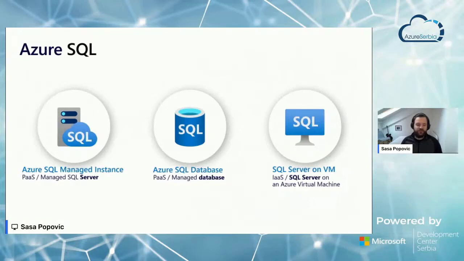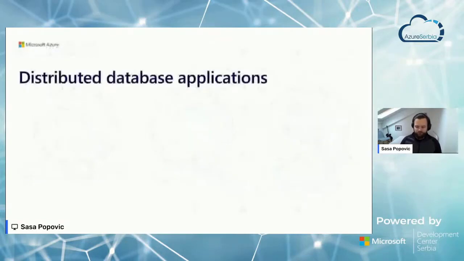It's a SQL Server on Azure virtual machine that is most convenient if you want to lift and shift your system to the cloud, but you still want to have full control over the operating system and the server itself. So having that in mind, today we will be using Managed Instance to build our distributed database application.